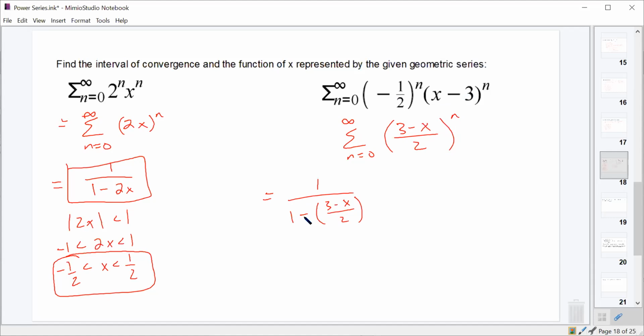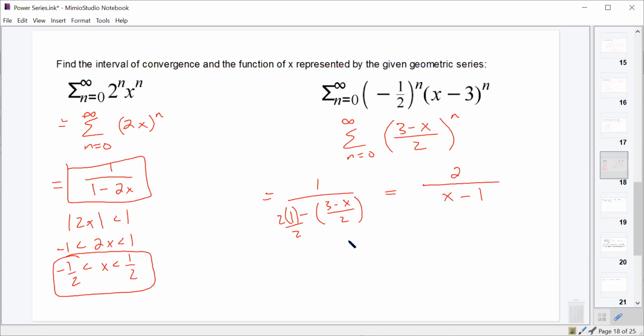And with any luck, we can simplify that down, right? We can make this 2 over 2. And then we can take the reciprocal of that, right? Which gives us 2 over, and then we're going to have 2 minus 3, which will be a -1, and a negative x, which will be a positive x. So we have 2 over x minus 1 should be the function that this series represents.